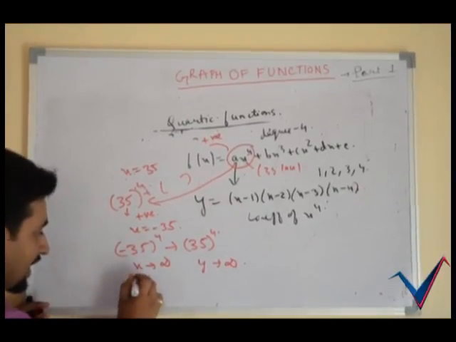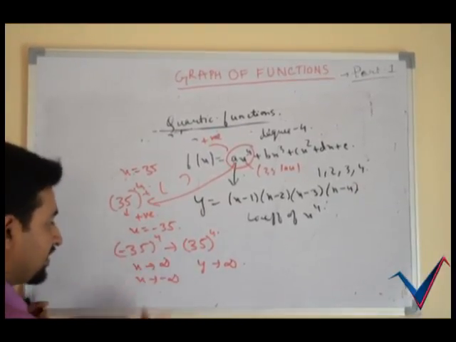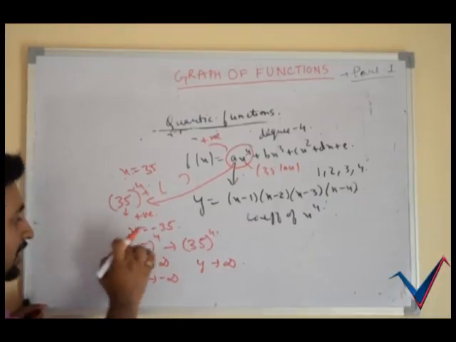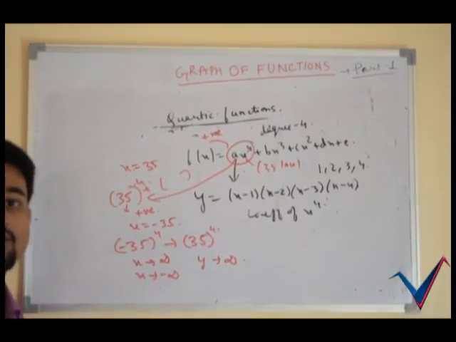And if x is a very large negative number, minus infinity, then also (minus 35) to the power 4 would become simply 35 to the power 4.